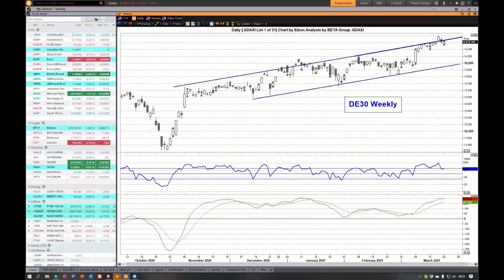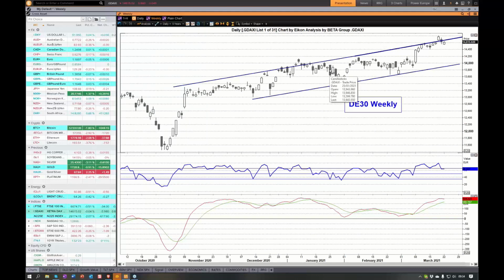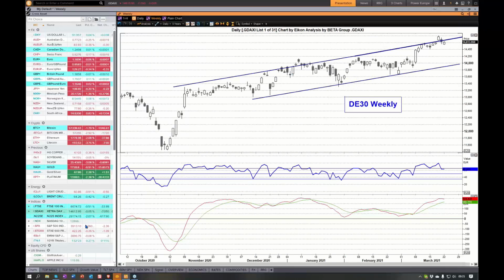If we do correct, I think it will correct itself down to the 14,200, where it will pick up these two highs in here, which are very, very solid support. So it's a bull market, and if this correction develops, if the RSI comes down to 50 or so, I would expect it to find its footing at those two highs there. So for me, this is a building opportunity on the long side.